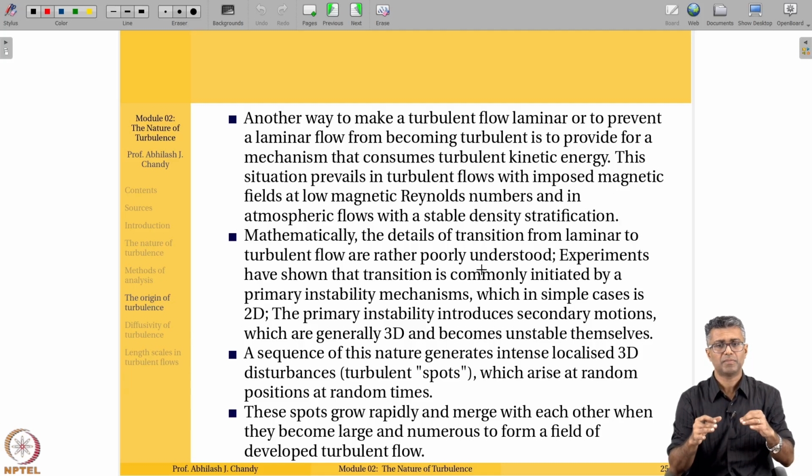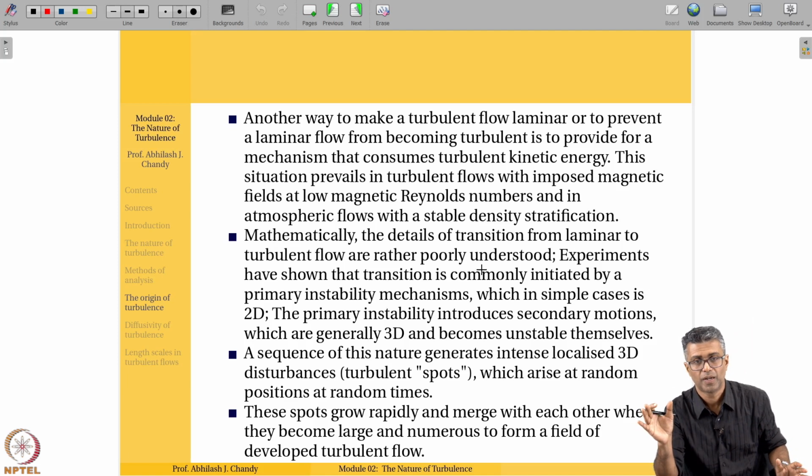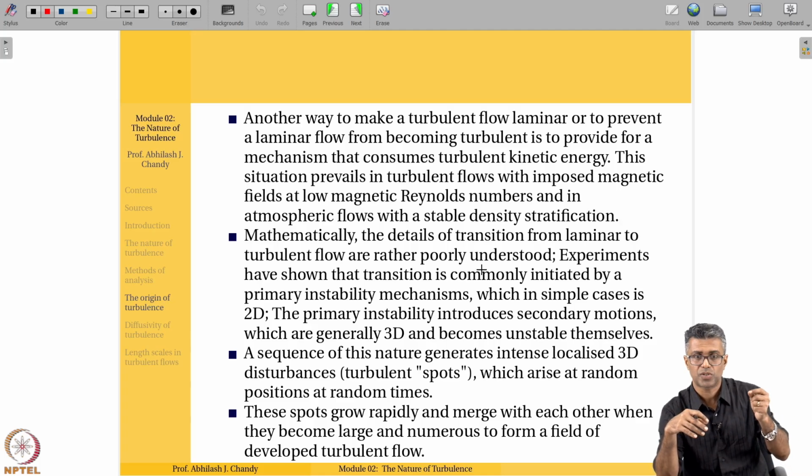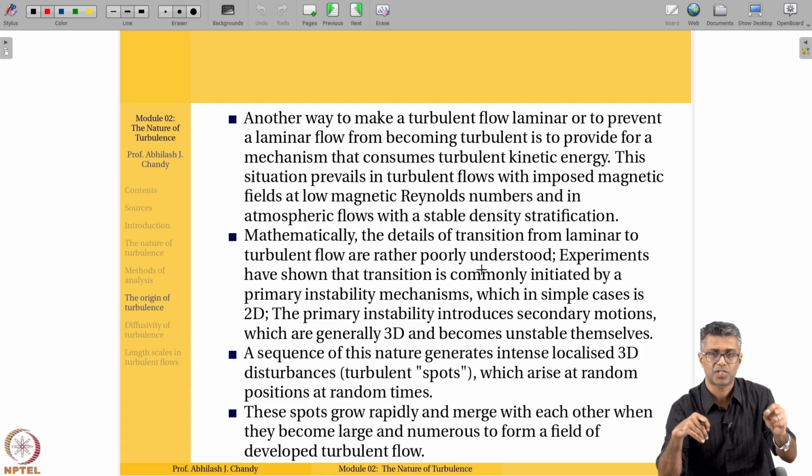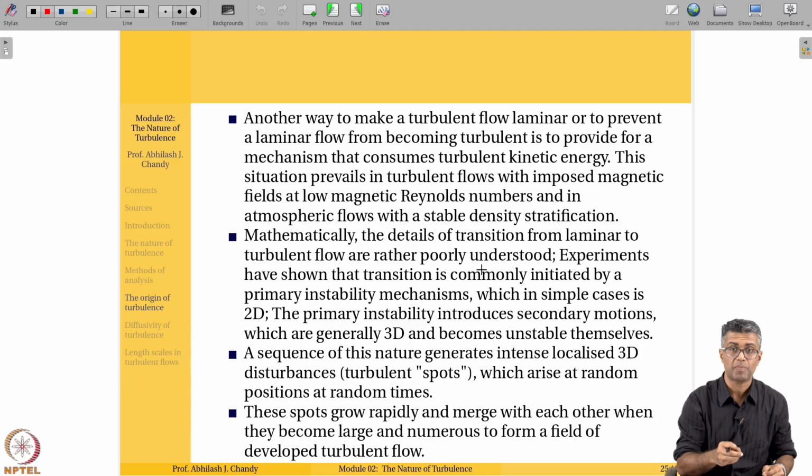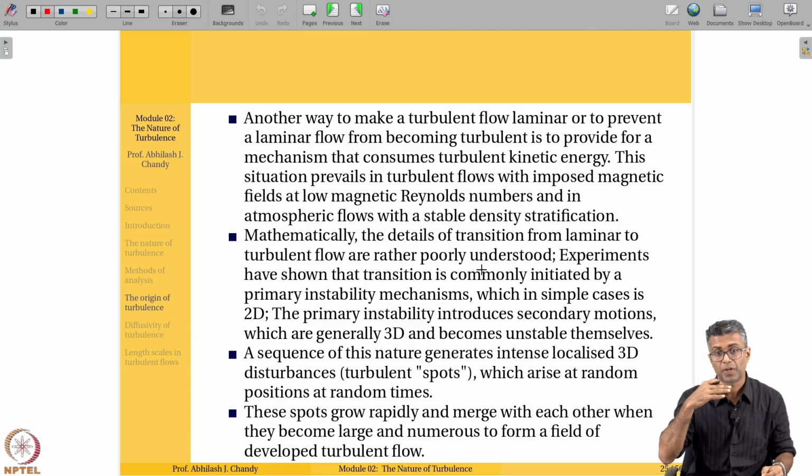So mathematically, the details of transition from laminar to turbulent flow are actually not well understood. Several experiments have shown that transition is initiated typically by some kind of an instability mechanism, which in most cases is 2D. Okay, but this instability eventually generates, or introduces, I should say, secondary motions which are actually 3D, because turbulence is 3D.